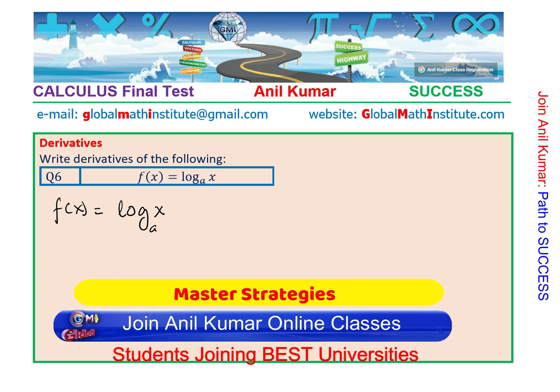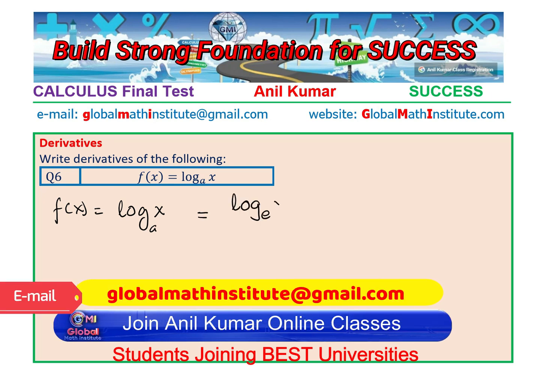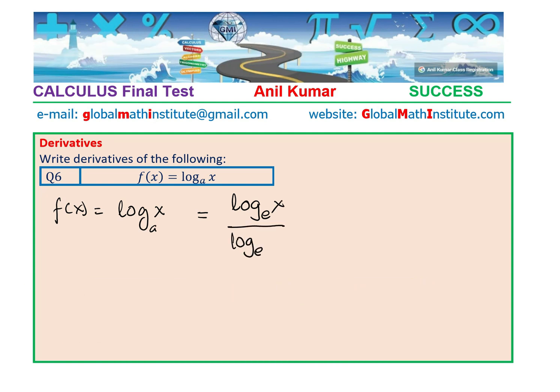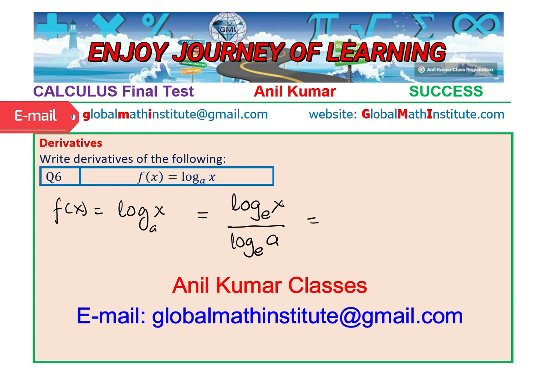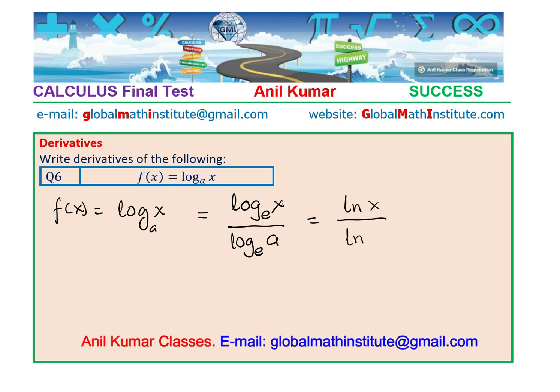Changing the base to e really helps, right? So we can say log to the base e of x over log to the base e of a. Now, log to the base e, as you know, we call ln, so we can write ln x over ln a, correct? So we have rewritten the function, and that's important.